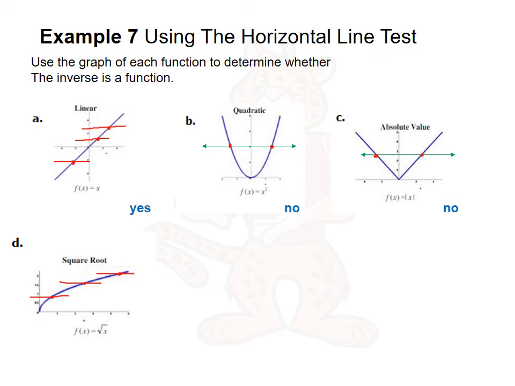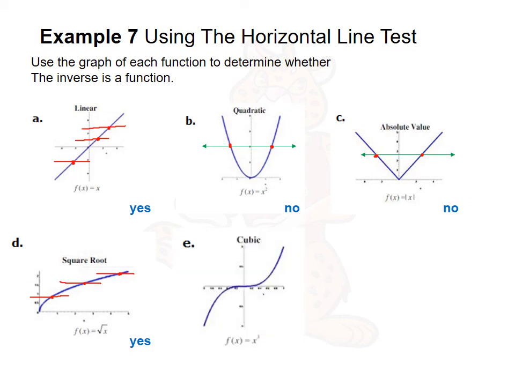As long as I keep doing this, the horizontal line that I draw and the graph intersect in exactly one point. Therefore, the inverse of the square root function will be a function, because every time that I draw a horizontal line, the intersection is in exactly one point. So yes, this has an inverse.